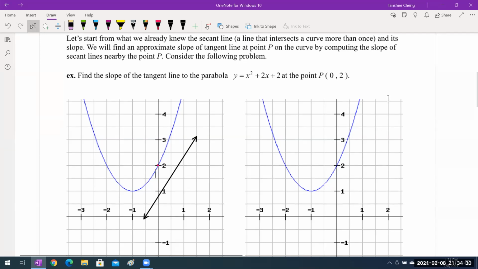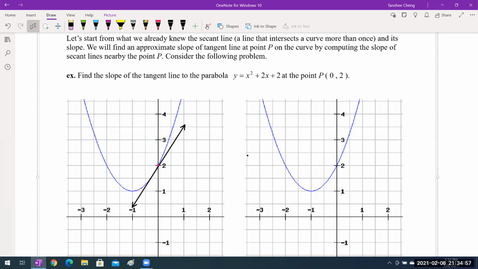If we talk about the tangent line at this point, we are looking at a line that simply touches it there, no other points. If we are only touching 1 point, there's no way to find the slope of this tangent line.